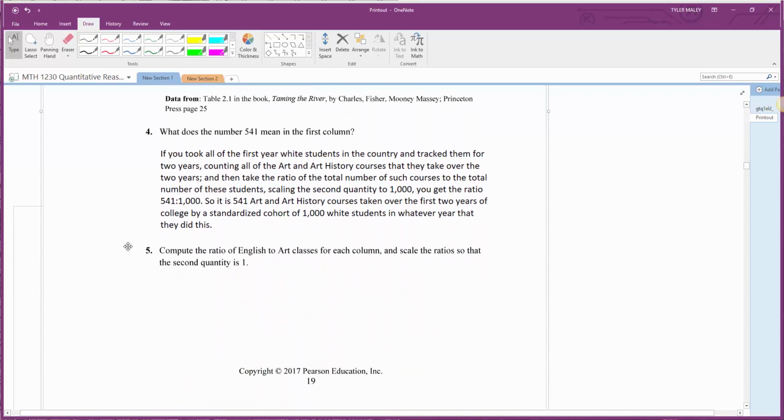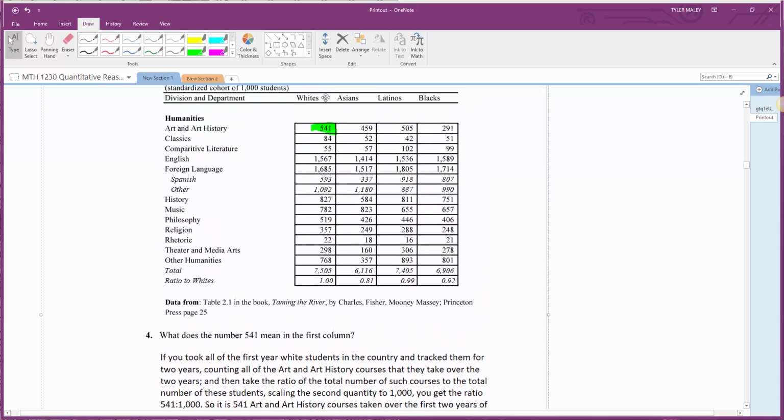So now in number 5, it says compute the ratio of English to art classes for each column and scale the ratio so the second quantity is 1. Right, so we want to compare English to art for each column. So we want to do it for whites, Asians, Latinos, and blacks, right?